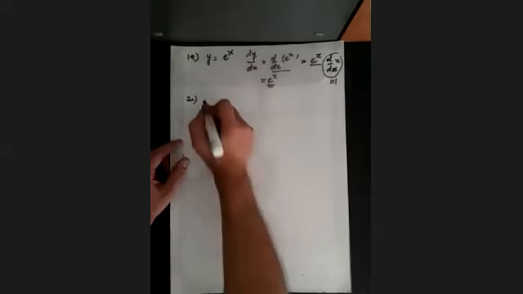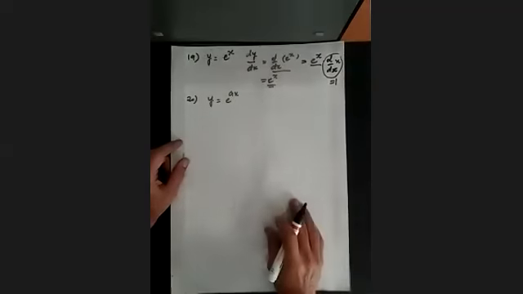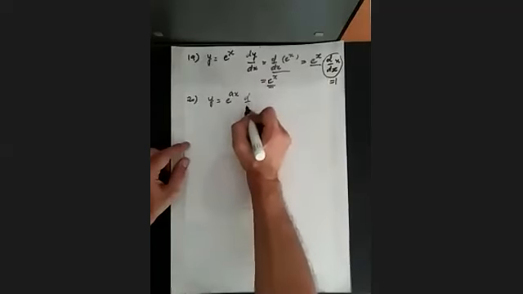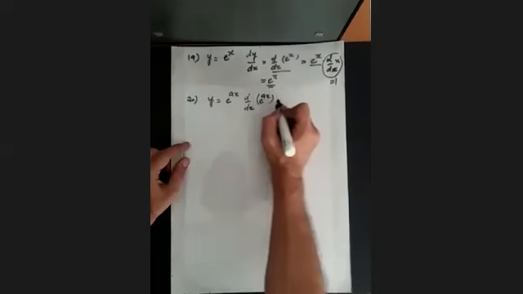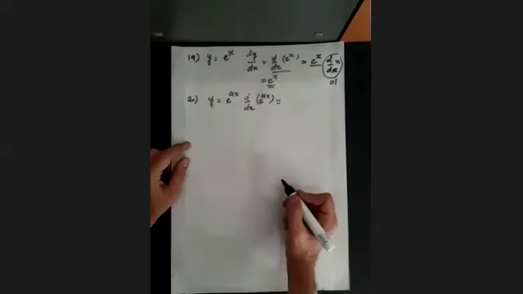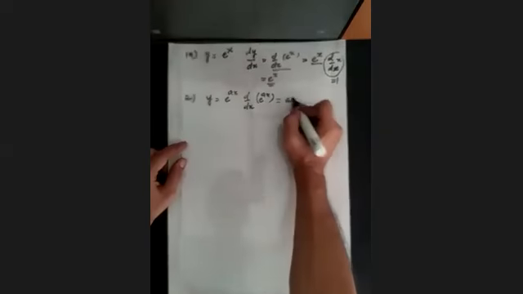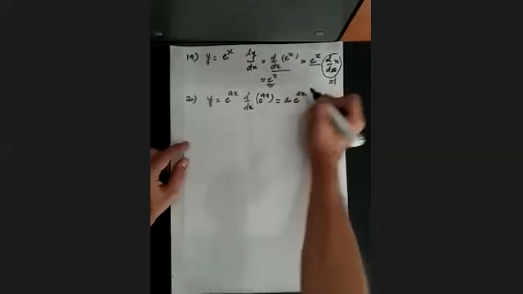Okay, so in the same way, if y is equal to e to the power ax, where a is a constant and x is a variable, then differentiation of e to the power ax is given by a, that is a constant, and e to the power ax as it is.